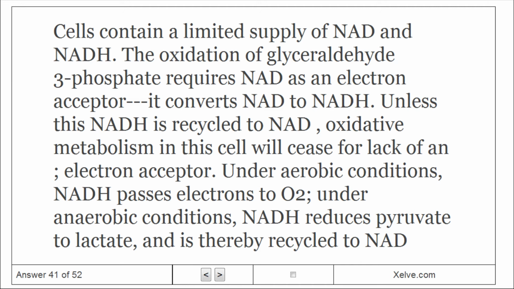It converts NAD to NADH. Unless this NADH is recycled to NAD, oxidative metabolism in this cell will cease for lack of an electron acceptor. Under aerobic conditions, NADH passes electrons to O2. Under anaerobic conditions, NADH reduces pyruvate to lactate, and is thereby recycled to NAD.